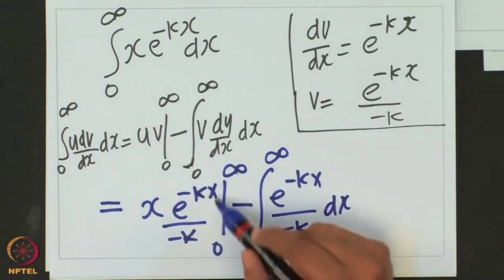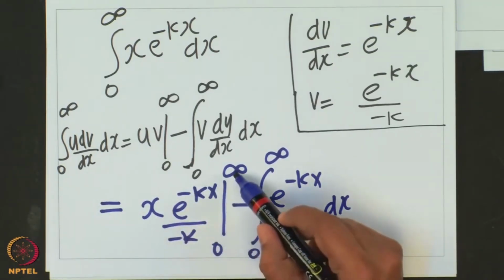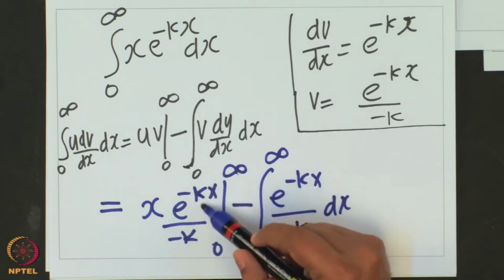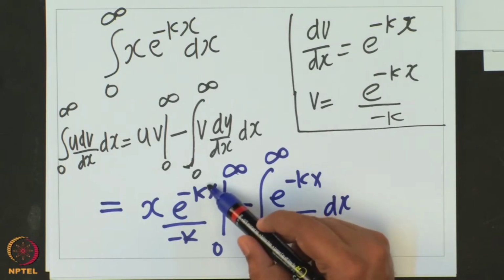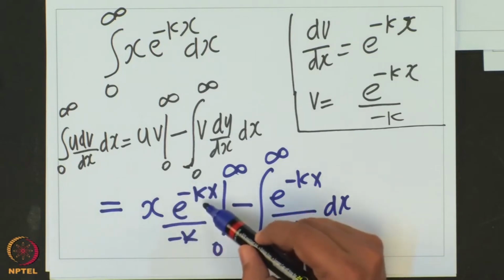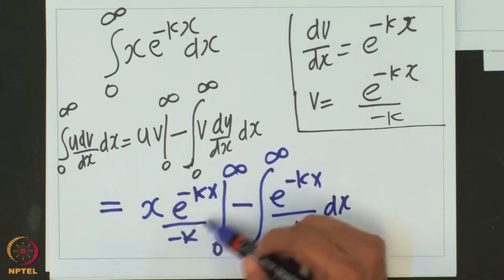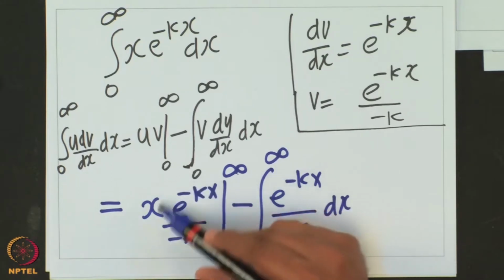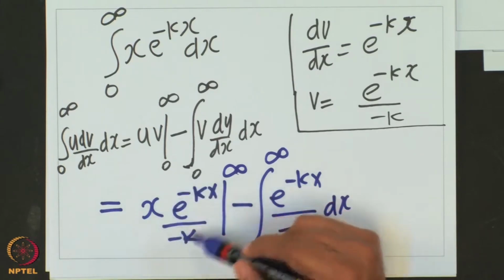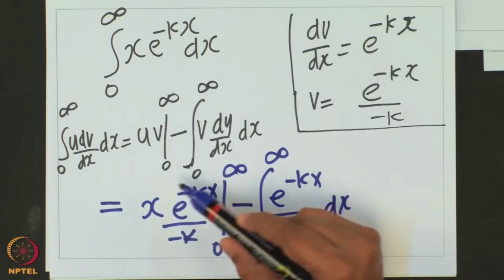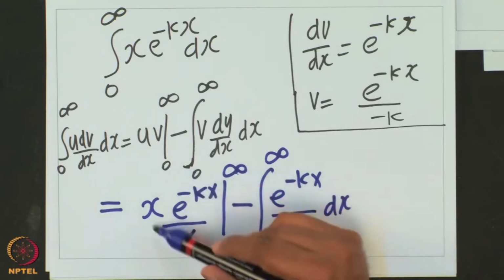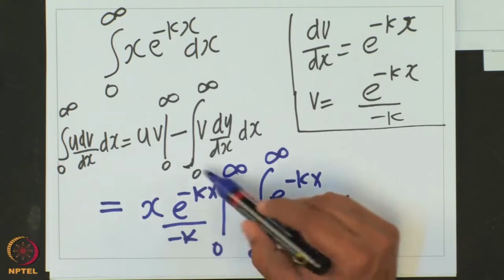And we know that if I apply the limit, wherever x is infinity, I can substitute e power minus infinity, and this will turn out to be 0. One can apply L'Hospital's rule and see that this is indeed 0. So you would get the upper limit: e power minus infinity is 0, therefore this would turn out to be 0.